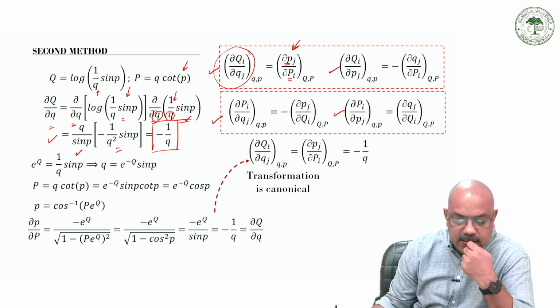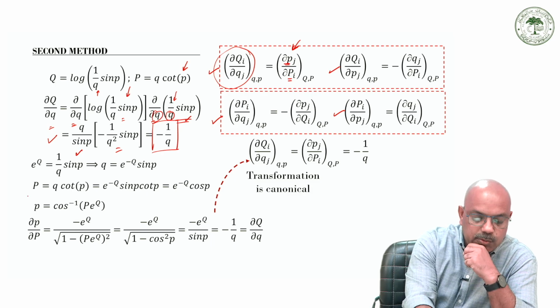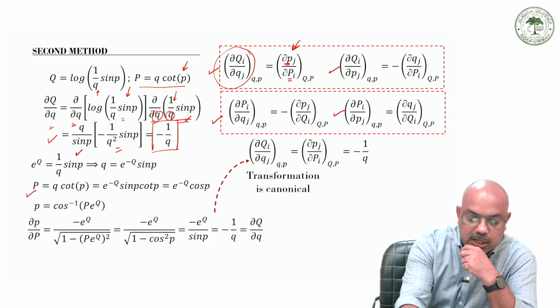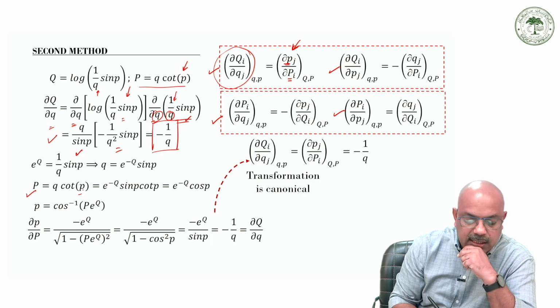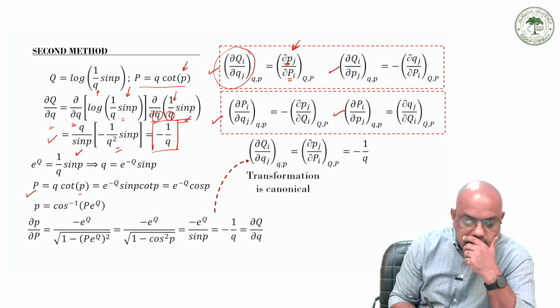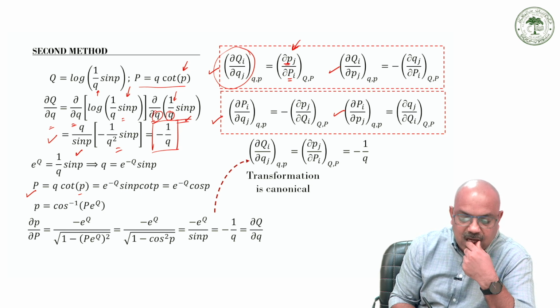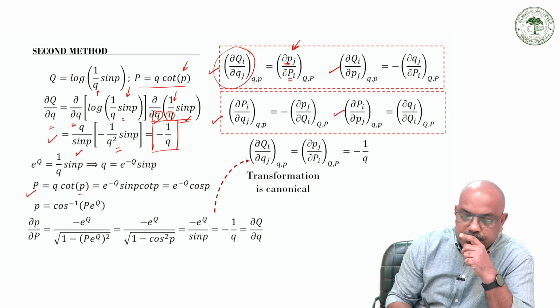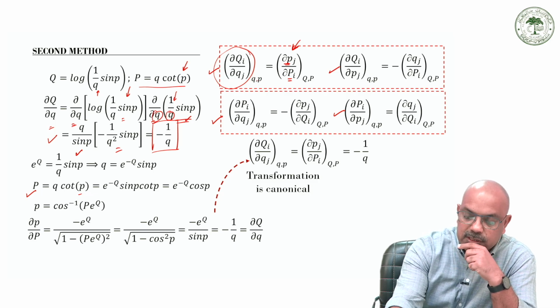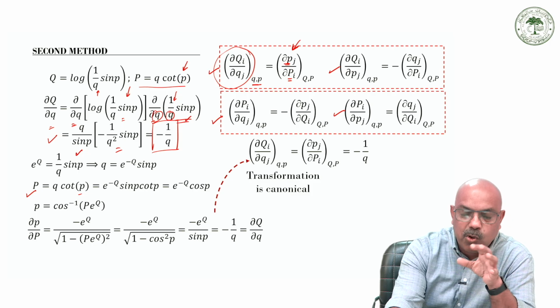So I have p equal to cot P, and because you need to know that this is in terms of, you see that the base is small q, p.